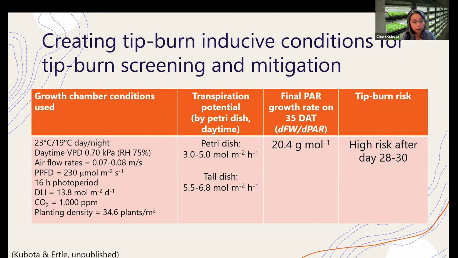So just quickly, this is a condition we selected for doing cultivar trials. My graduate student, John Arrow, did that. Here is the actual evaporation rate, which is very low, and the growth potential from the standardized model, which is very high. So the two together, it's a huge high risk of tip burn. And you can actually tell when the high risk likely starts.